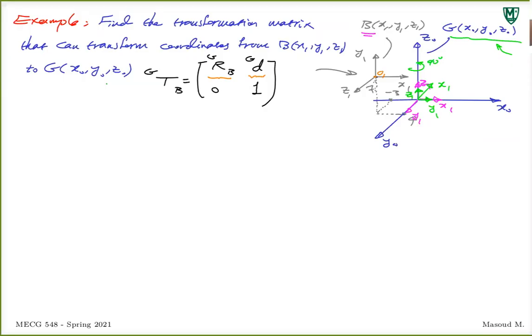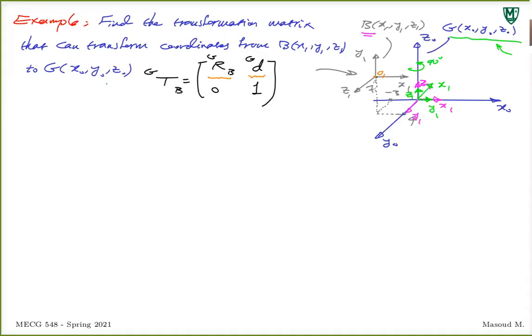Now, to get this right, I need to do another rotation. Remember, this green should be in the same order as gray. So I do a rotation about z naught for 90 degrees.